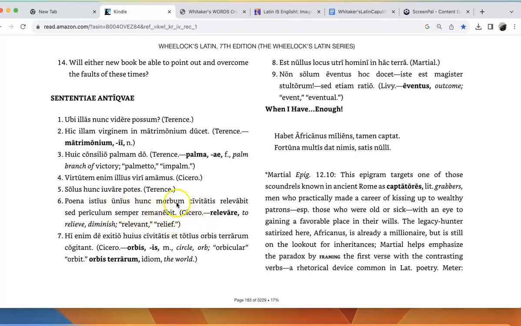And so Cicero's point is that, yeah, we may be able to get rid of this one person, but there's always others trying to bring down the state, in this case, the authority of the Senate, which Rome, as you know, was founded as a republic in 509 BC.